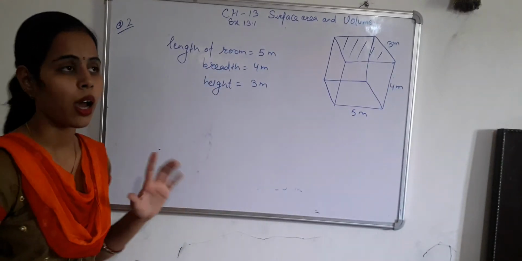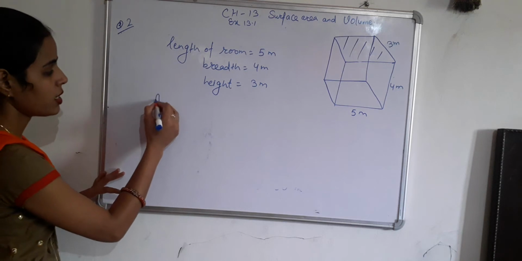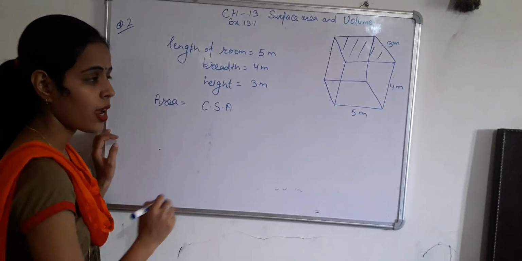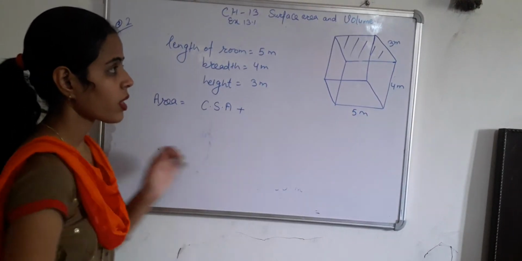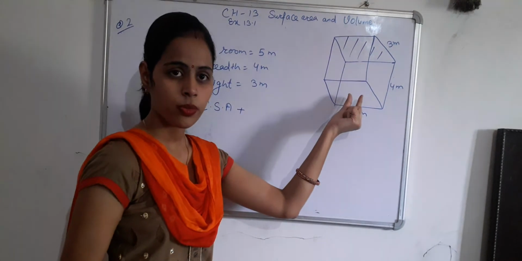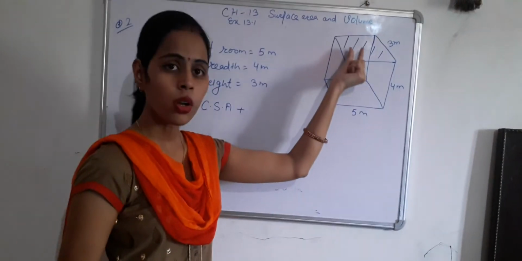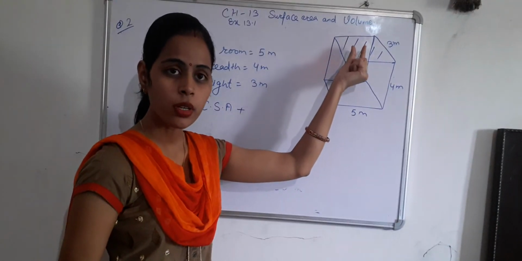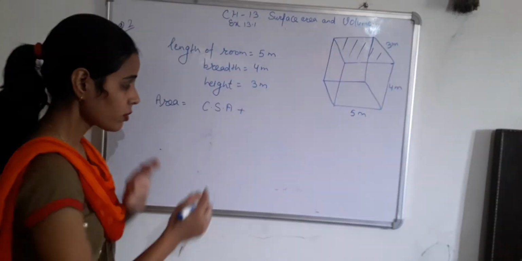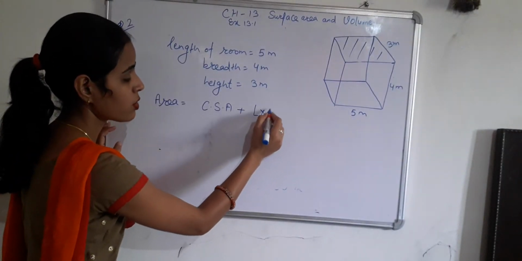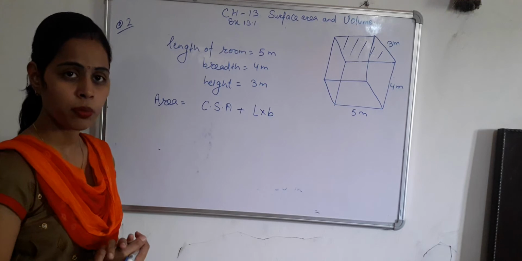First find area. Area of 4 walls and its ceiling. Area of 4 walls equals to covered surface area plus ceiling, ceiling or roof, which are in the shape of rectangle. So area of rectangle equals to L into B.